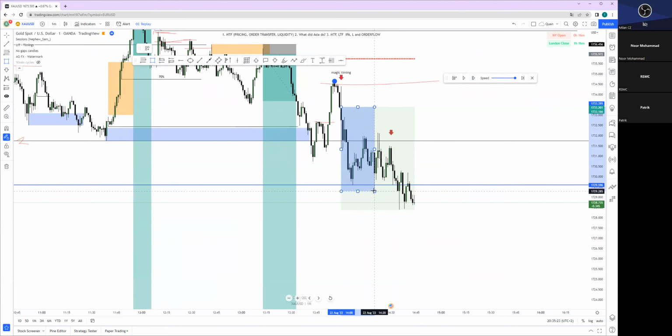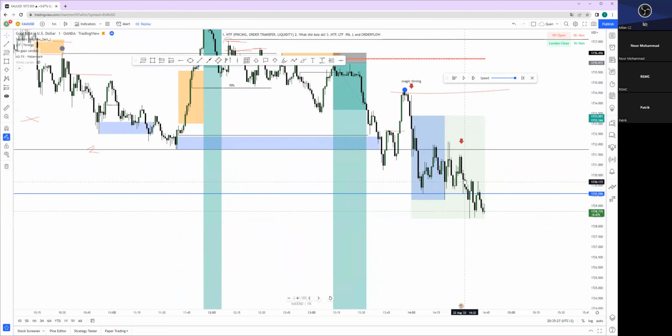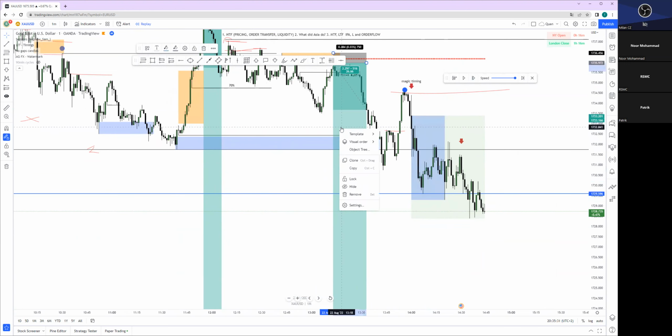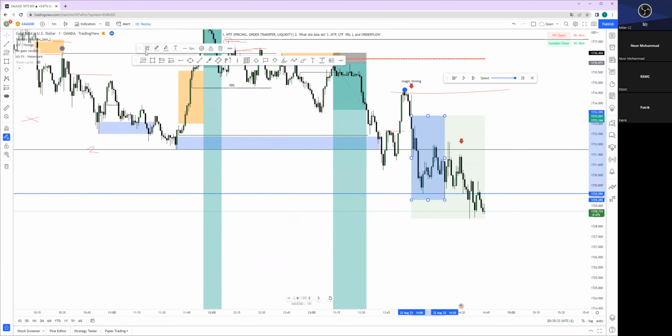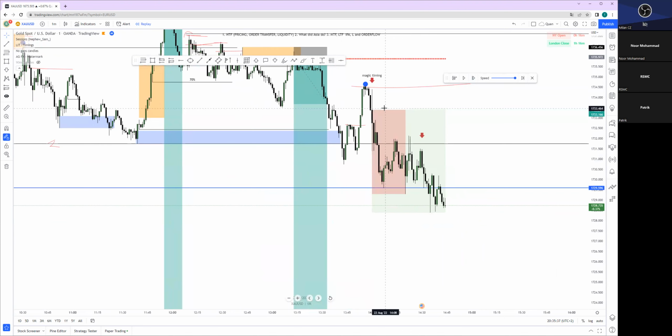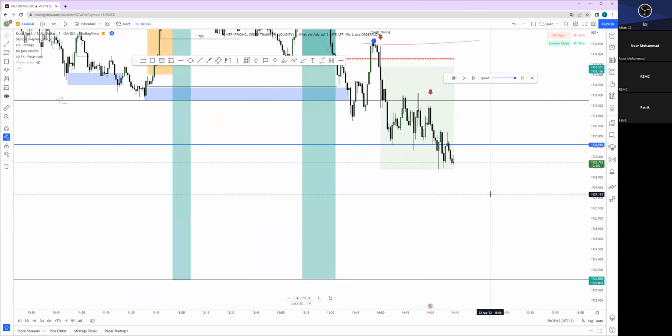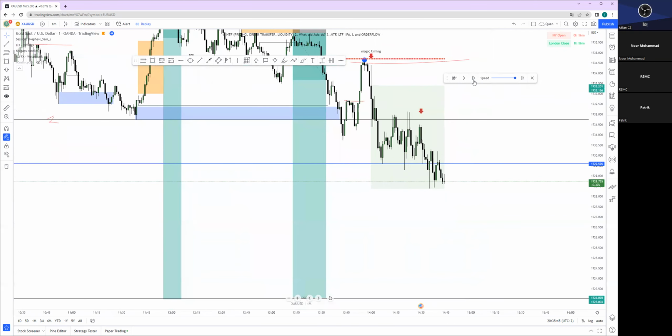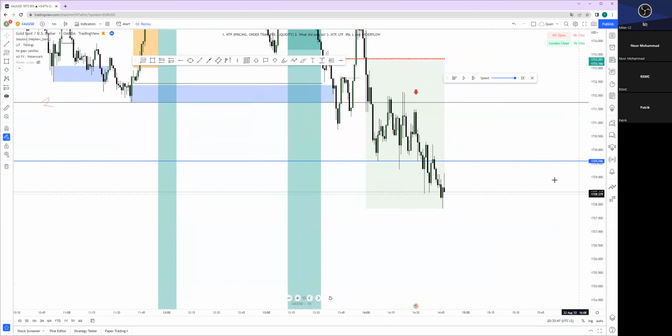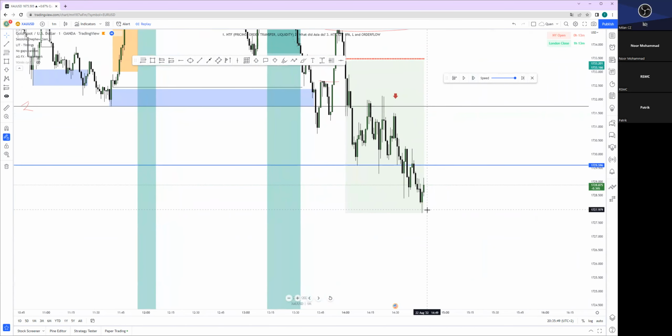People say for some reason that New York is better than London, that it manipulates less, but New York has literally 2 manipulations right at the open. So this would be your first manipulation from the New York Open, and this could be your second. Of course, it can continue down, and it was the right intention the whole time to go down.